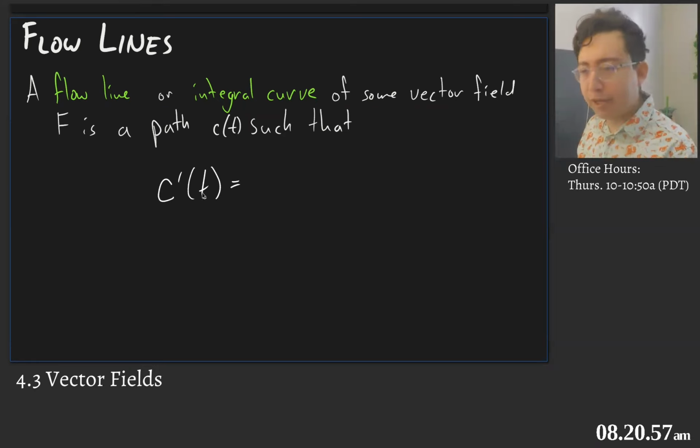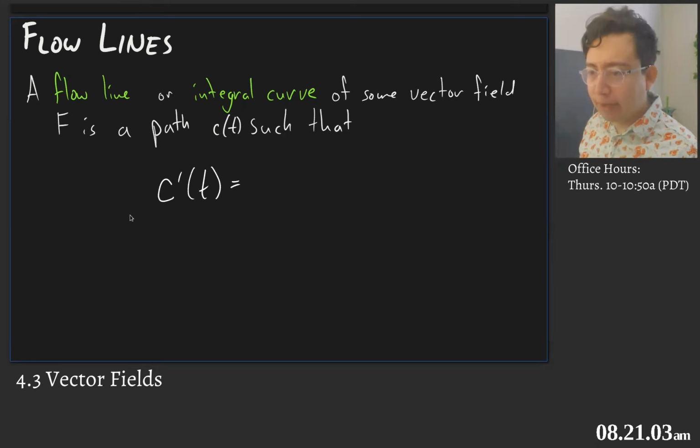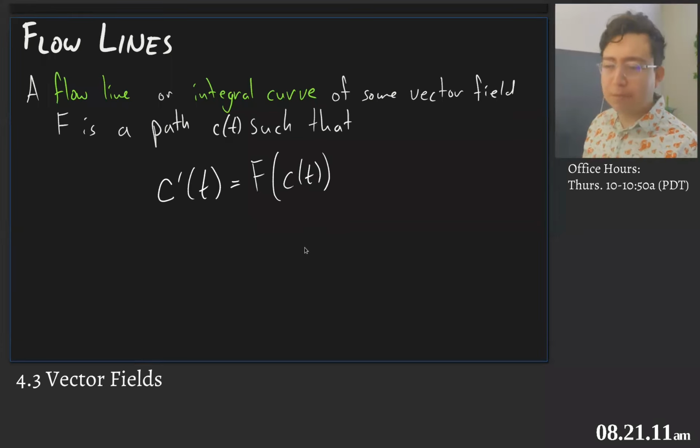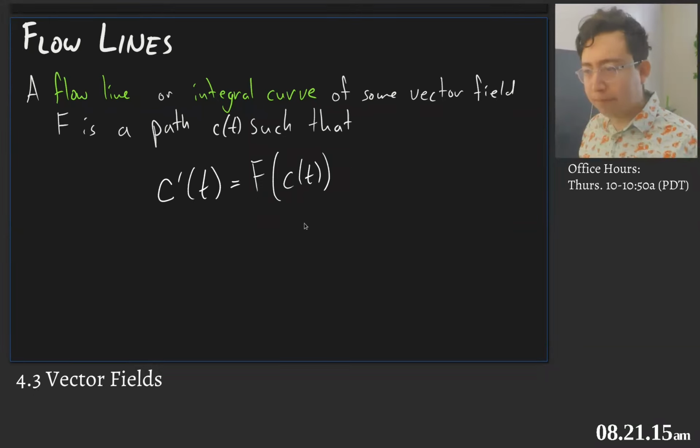It's a vector in whatever dimension C is in. And so that vector should be the same as if I take F and I plug in C of T. Okay.